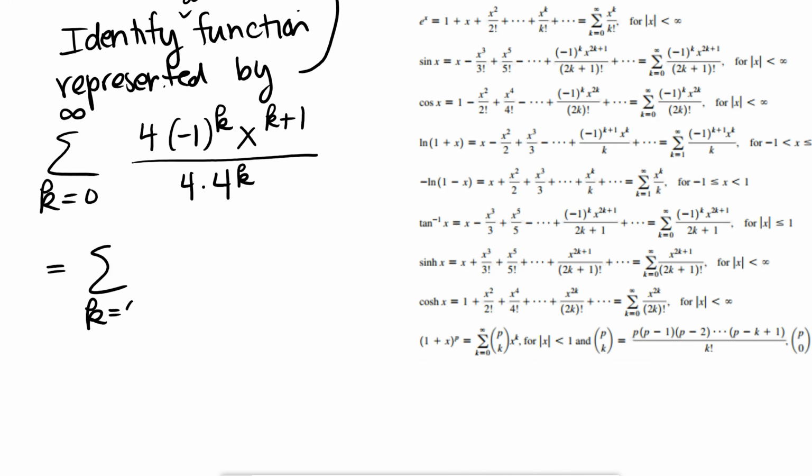And so what am I going to get here then? I'm going to get k equals 0 to infinity. And now what do I have on bottom? I have 4 to the k plus 1. The reason I want to have that is because now it matches with the x. And so now I can put that x and that 4 together and just raise that whole thing to the k plus 1. Okay.